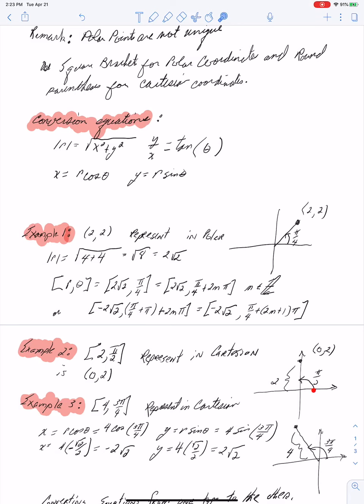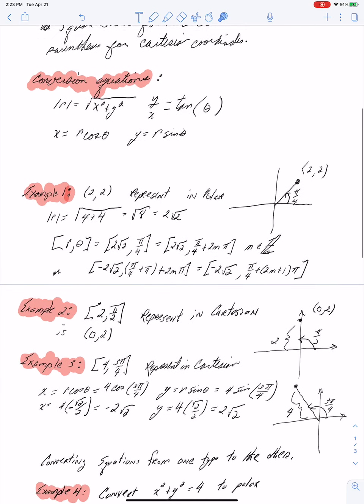By the way, if I say pi halves, that means I start at the positive arm of the x-axis, I go 90 degrees, pi over 2, I'm up there. Radius 2, that puts me right up here. I can tell you I'm at the point 0 comma 2 in Cartesian. Get it? Distance away 2, angle pi halves, so it's 0 comma 2.